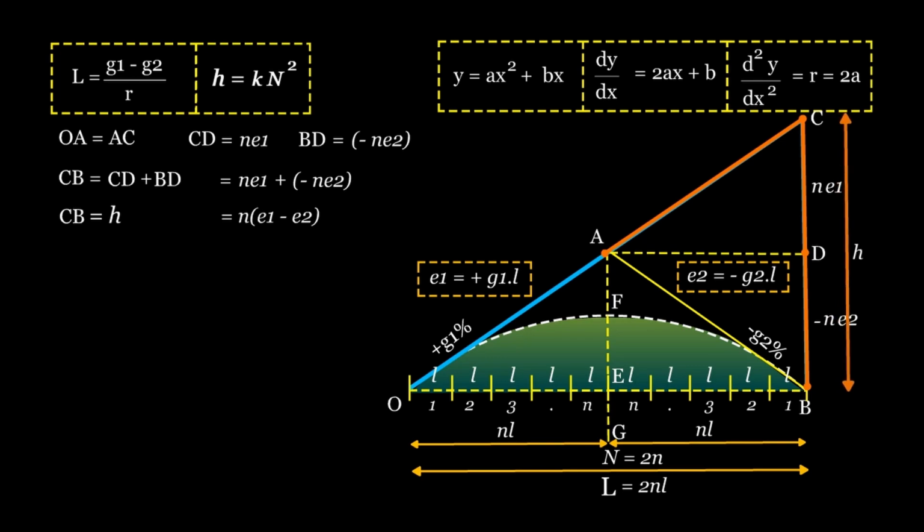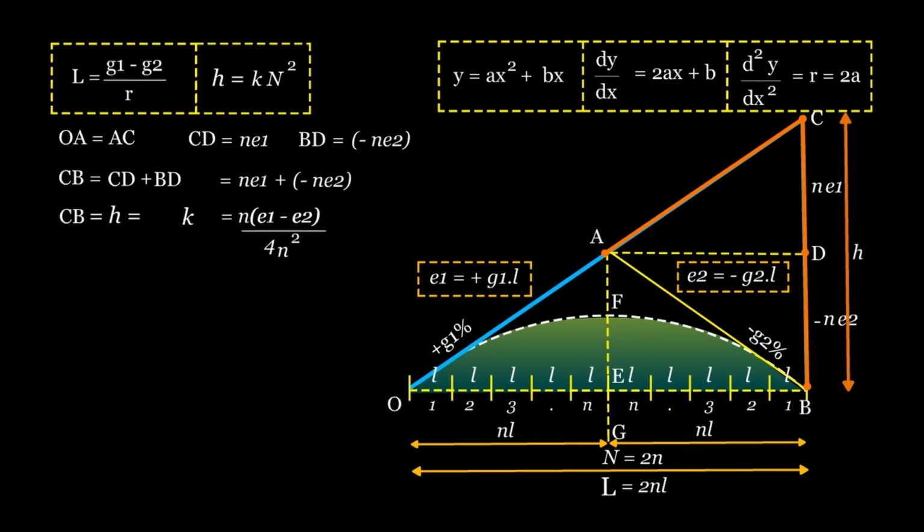We already knew that H equals Kn squared. Here, N equals 2n. That means KN squared equals K into 2n squared, that is 4Kn squared. Finally, CB equals 4Kn squared, that is equal to n into e1 minus e2. Now K equals n, e1 minus e2, divided by 4n squared.